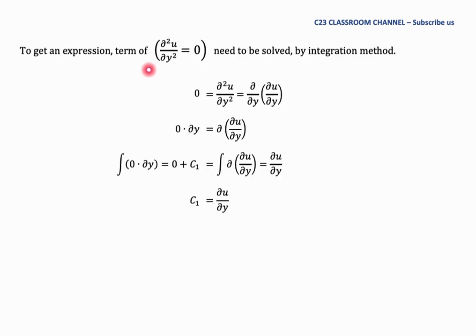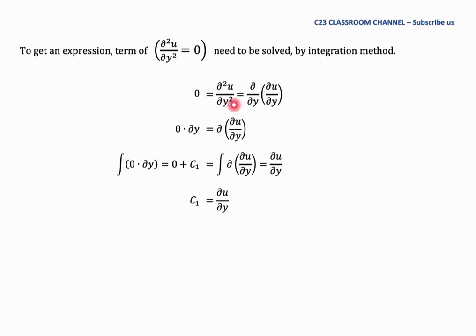So this is the mathematical expression, but this is not the velocity profile. Please remember that in this question we need to derive the velocity profile for that situation. So we need to solve it by the integration method.